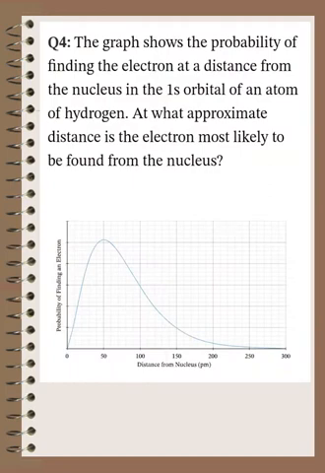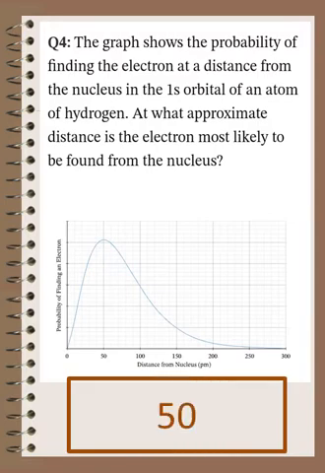We have here a graph that shows the probability of finding an electron at a distance from the nucleus in the first s, or 1s, orbital of an atom of hydrogen. At what approximate distance is the electron most likely to be found from the nucleus? Okay, here we have the assumption that as the electron moves away, at a point 50 when you look at the graph.